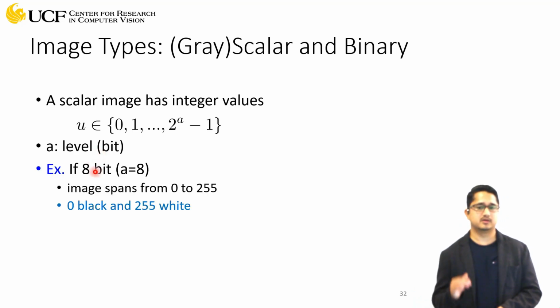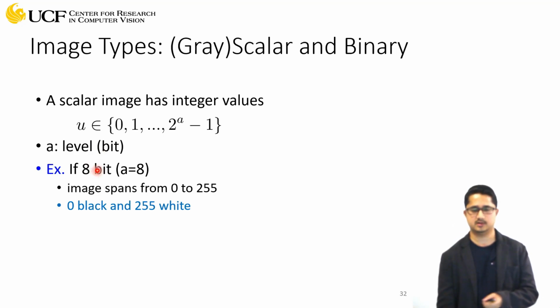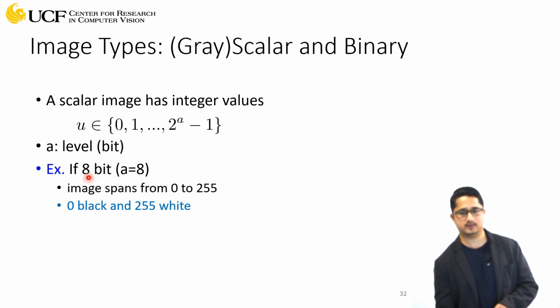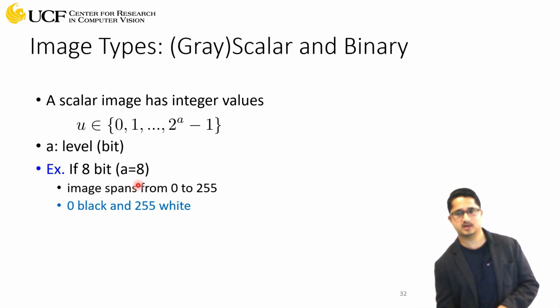Usually, all the images we capture these days using our camera phones have a bit level of 8, which means that the range of this number goes from 0 to 255. In this case, 0 represents completely black, which means nothing is present there. It's a black color.